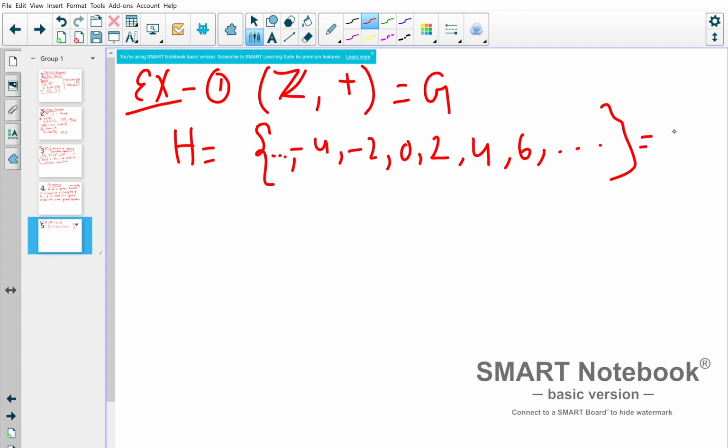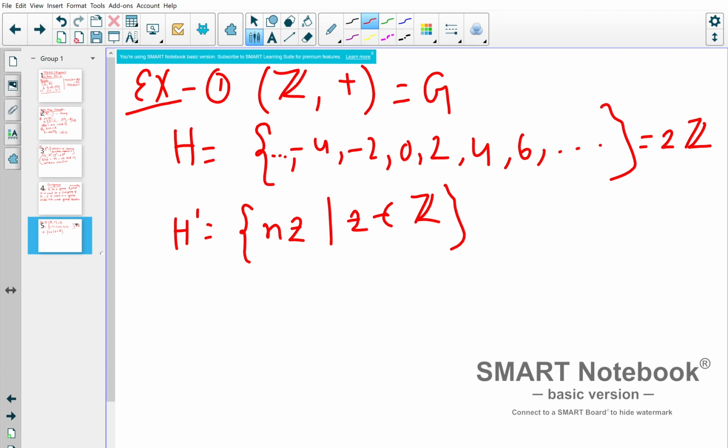This is generally denoted by the symbol 2Z. Similarly, if we take another subgroup H dash, the multiples of the form n times z, where z belongs to Z, this also forms a subgroup, and it is denoted by the symbol nZ.